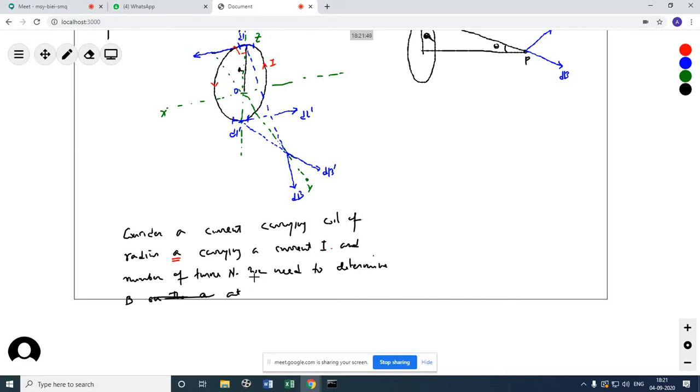Am I showing the magnetic field properly? Yes, I am showing correctly. If the current is in the anti-clockwise direction, the magnetic field is actually in the direction which I am showing. It would be along this plane only, right? So consider a current carrying coil of radius a carrying a current I. This is radius a, remember that, carrying a current I.